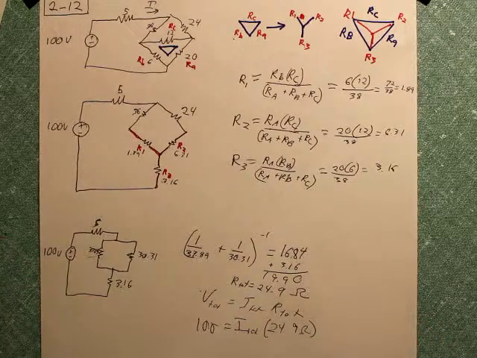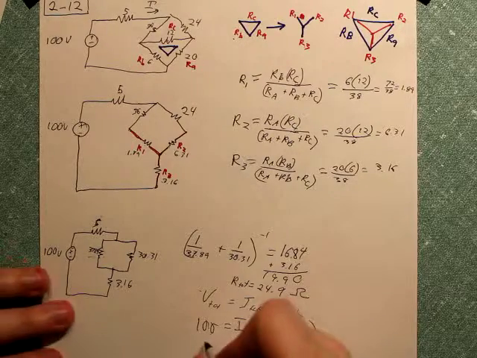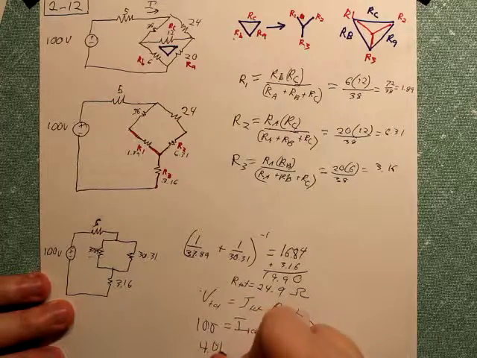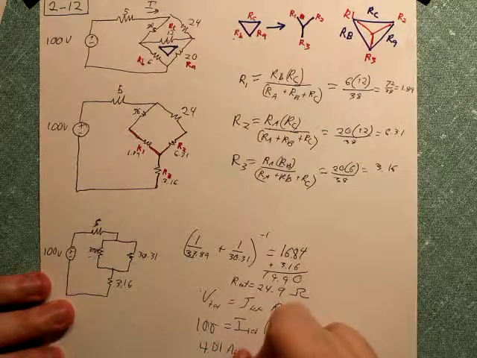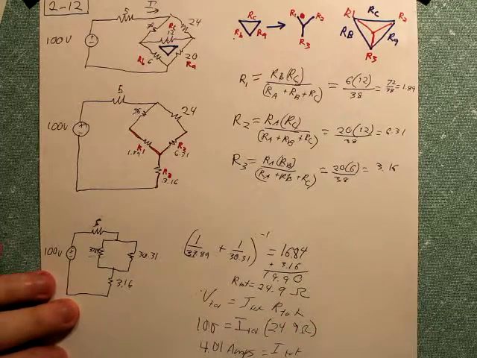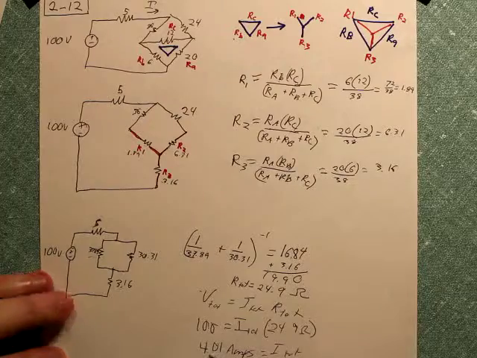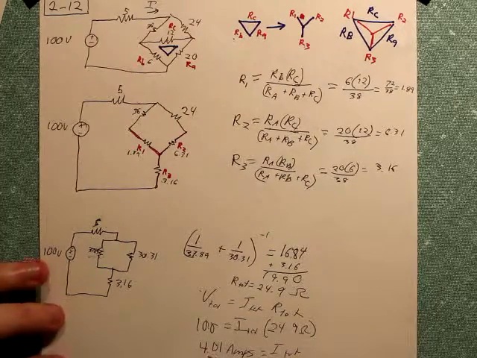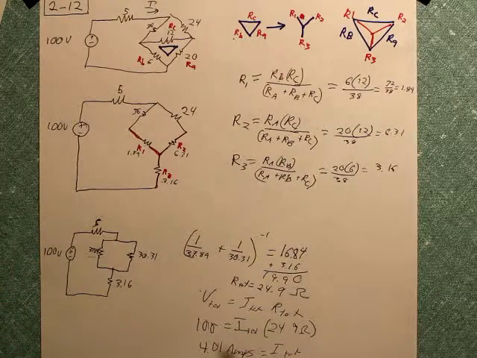So 100 divided by 24.9 equals 4.01 amps equals I total. The book says we've got 4.40 amps, so we're off by about 1/100th. That's fine with me, and that's due essentially to a decimal rounding error previously. But essentially that's how we solve these.